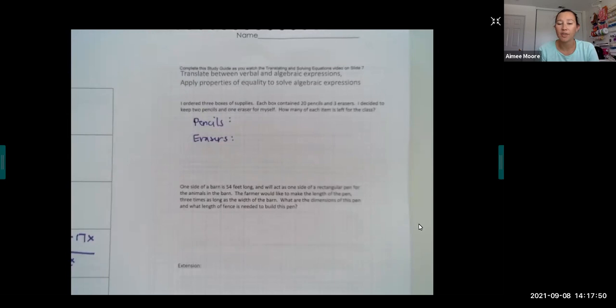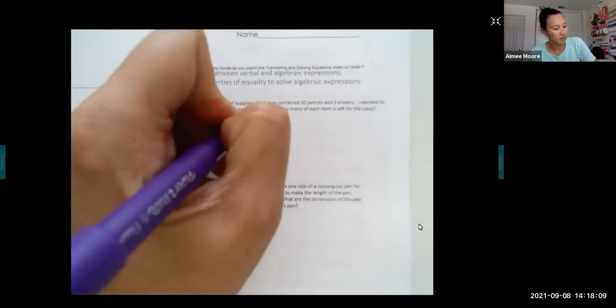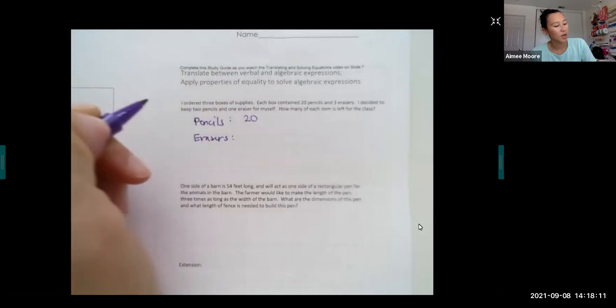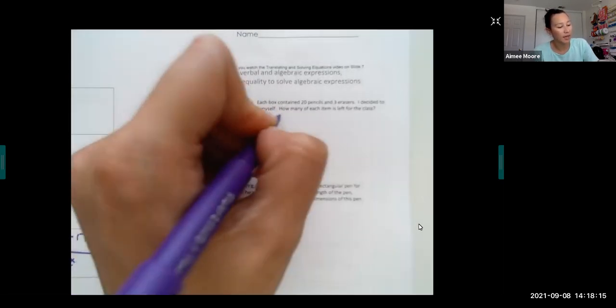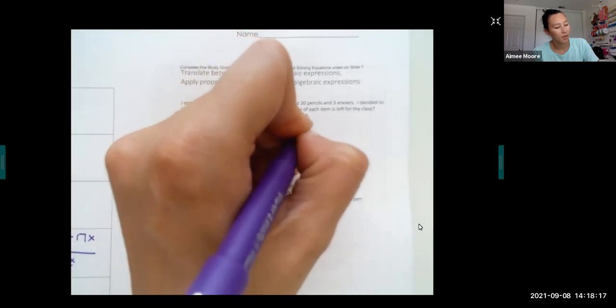So how could we figure out the number of pencils? We know that there's 20 pencils in each box and they ordered 3 boxes, right? So it would be 20 times the number of boxes, which in this case, there were 3 boxes.